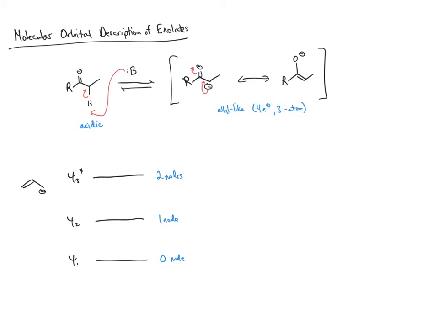In the lowest energy molecular orbital, we're going to have a series of orbitals which are all in phase. In psi2, this switches, so we have 1 node directly in the center. And in the case of psi3, it resembles the shape of psi1, but it changes phase each time.